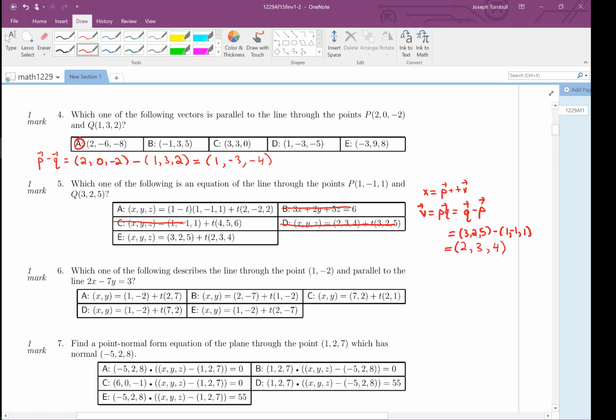So I can just cross that out. All right, and then I can look at the rest of it. Let's look at E. E says the line is given by x equals a point plus t times v. So the v matches, and the point, is it one of the two points that's given? Yes, it's point Q. So this was our vector v, and this was our point Q. So it's choice E.